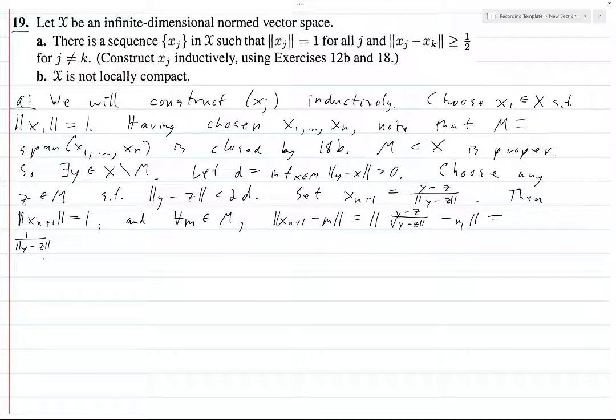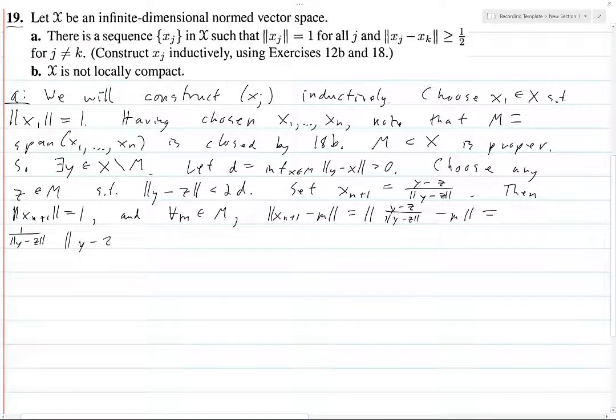So then the stuff on the inside is y minus z, minus the norm of y minus z times m. Now look, this is something in M times a scalar, and z is also in M, so this whole thing is in M, since M is a subspace. And so this is greater than, well, 1 over the norm of y minus z is going to be greater than 1 over 2d, since the norm of y minus z is less than 2d.